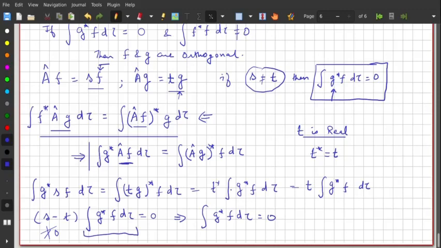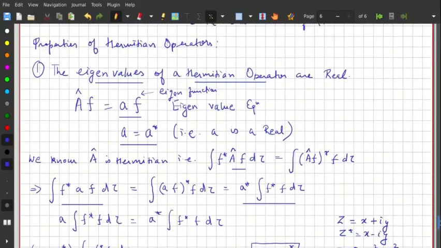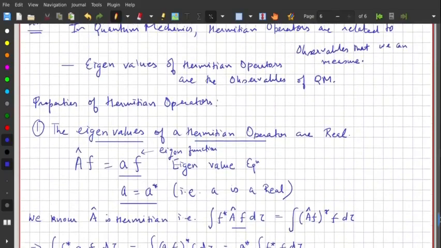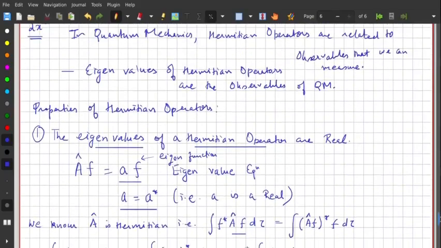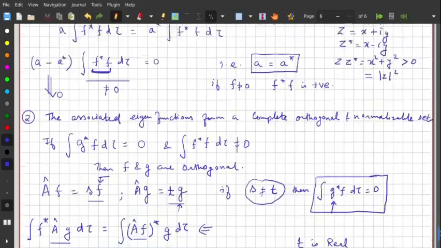That's a generic idea of Hermitian operators, and Hermitian operators are very useful, specifically in quantum mechanics, because as we discussed before, the eigenvalues of Hermitian operators are the quantum mechanical observables. So that's what this segment was all about.